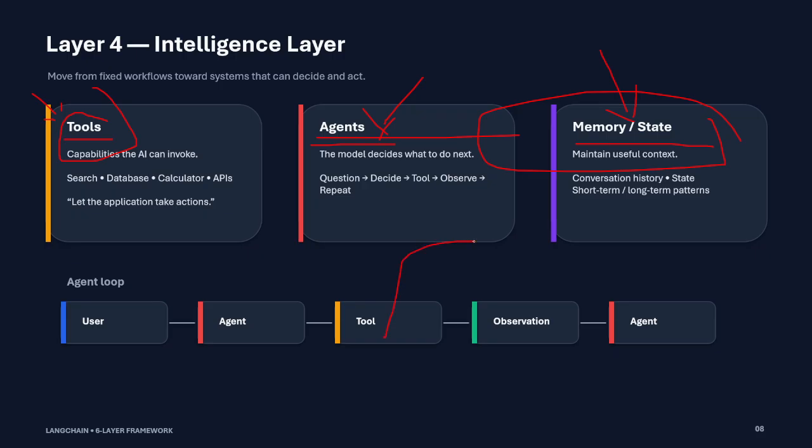The tool orchestrates and observes the things, then gives the result back to the agent. So basically we can say it's like a ReAct agent. And what is a ReAct agent? It's basically something like a loop. We will discuss it when we go for this layer.